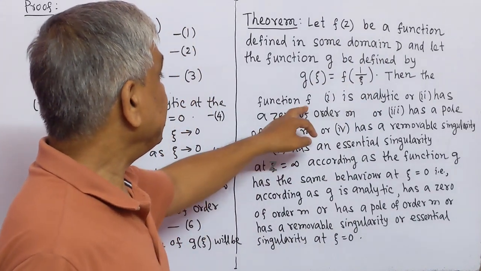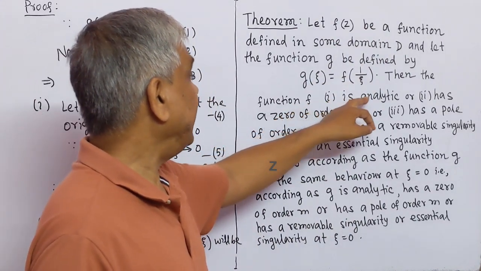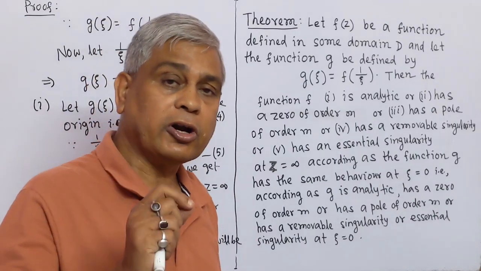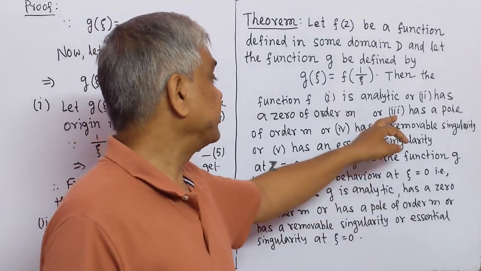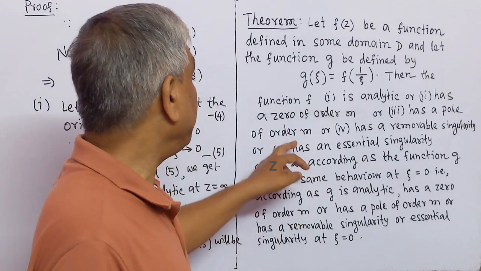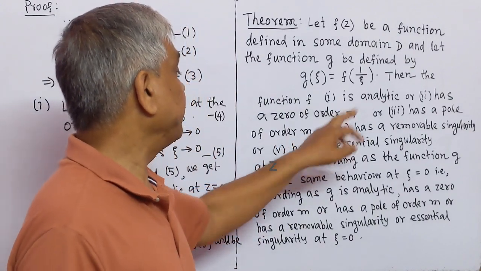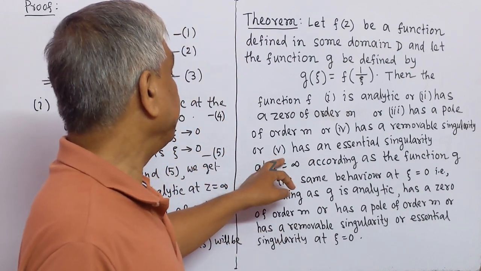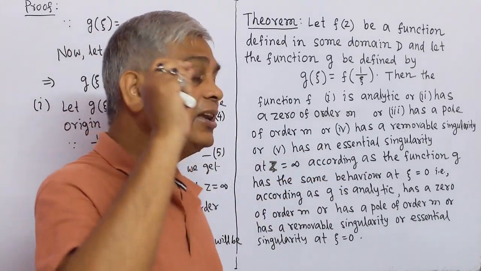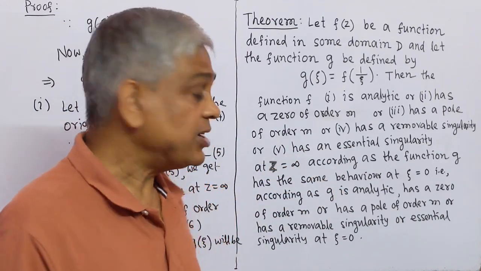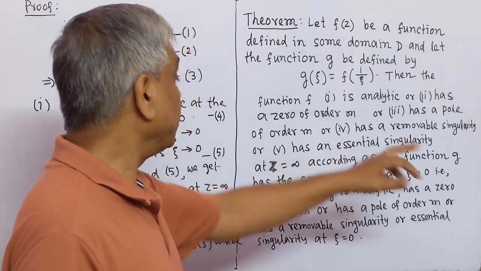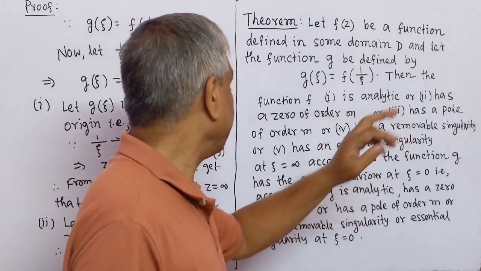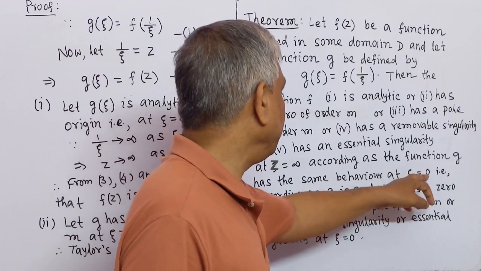Then the function f, number 1, is analytic, or number 2, has a zero of order m, or number 3, has a pole of order m, or number 4, has a removable singularity, or number 5, has an essential singularity at z equal to infinity, according as the function g has the same behavior at ξ equal to 0.